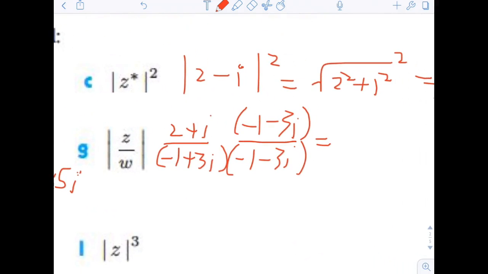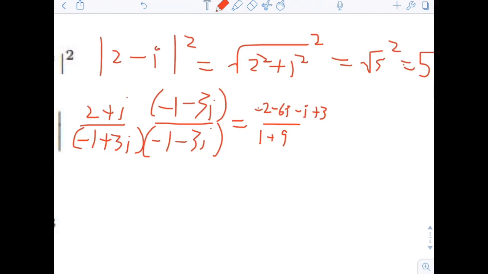If we multiply the top and the bottom by the complex conjugate, it's fine because it's like we're multiplying by 1. And the bottom part becomes negative 1 squared, which is 1, minus 3I squared, which would be negative 9, so it would be plus 9. And the top would become negative 2 minus 6I, and then negative I, and then I times negative 3I would be positive 3.